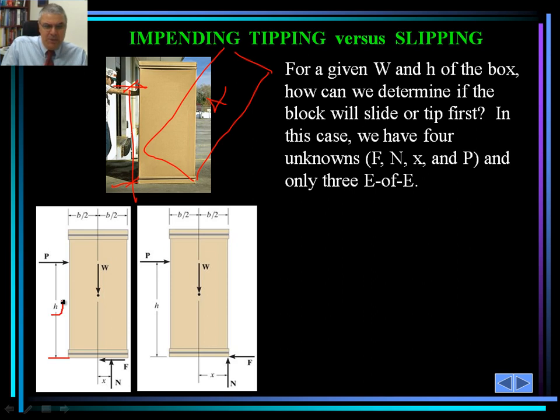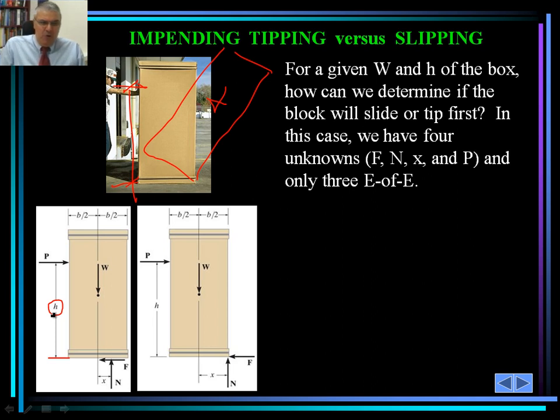So this is H, that's shown down here. We have a box of given W and H. How can we determine if the block will slide or tip first? That's a very good question to ask here.